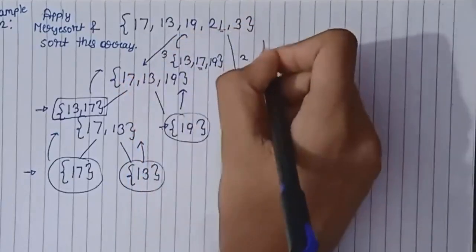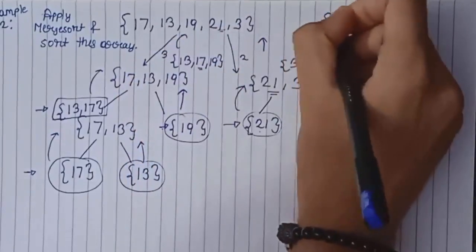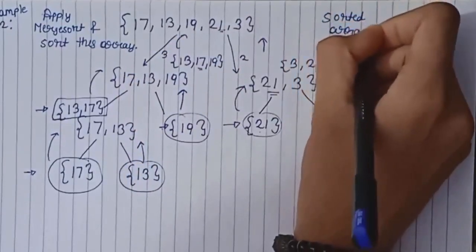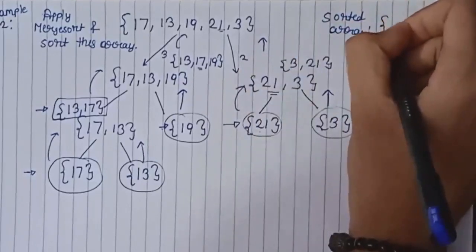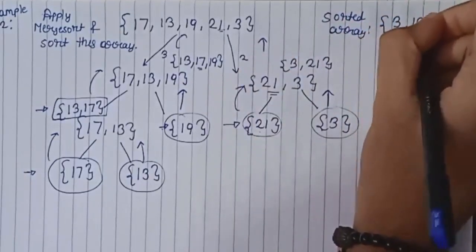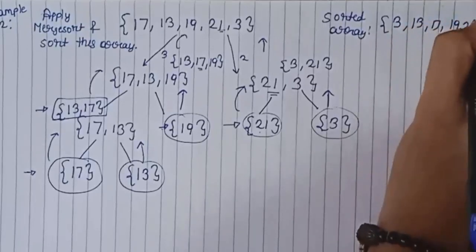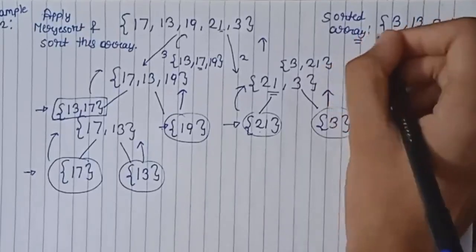Noting my answer here, the sorted array for this array will be 3, 13, 17, 19 and 21. So this is my answer.